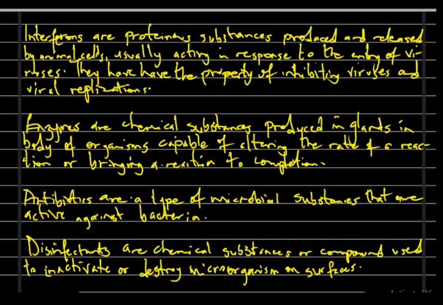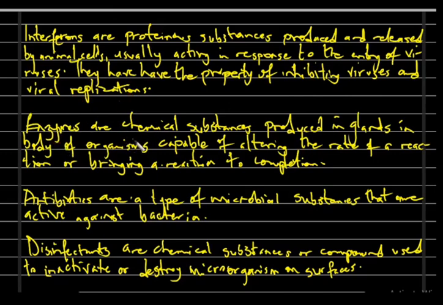Having looked at this, we discover that it is only the interferons that have what we are looking for, being that they are biological substances produced in the body of organisms, and they act against viruses. We see here that they actively inhibit viruses and viral replication.